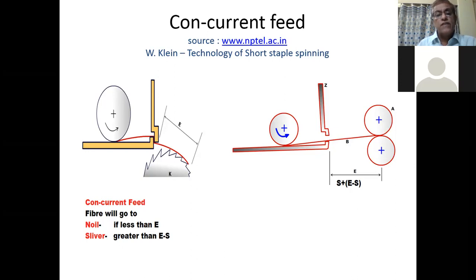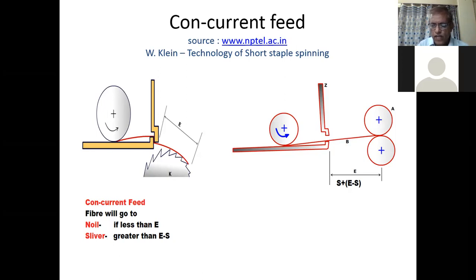And when the nippers are moving forward, although the distance is E, because the feeding has taken place during the forward journey of the nippers, any fiber which was supposed to go to the sliver in the next cycle may go earlier.